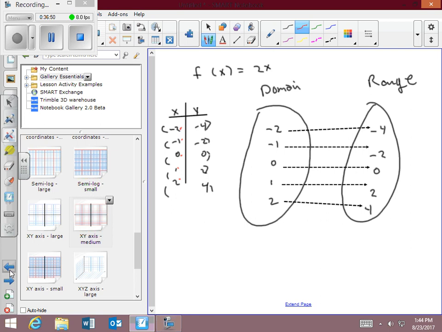Okay, the next person, 10. Is that a function? Okay, so no repeating first values. What if the second repeats? You cannot have the same first value and a different second value.